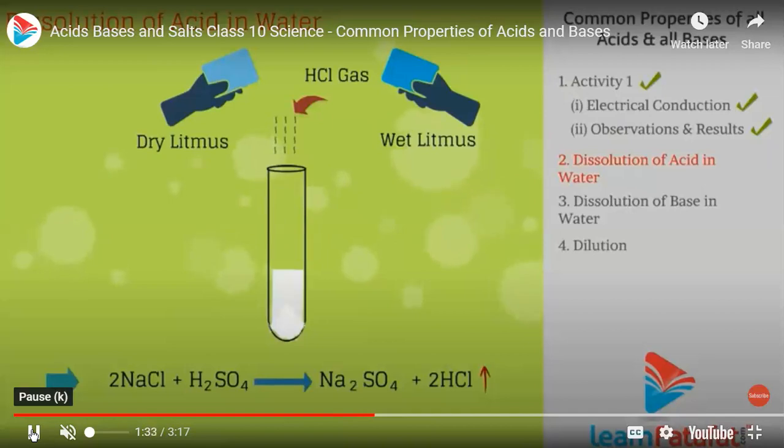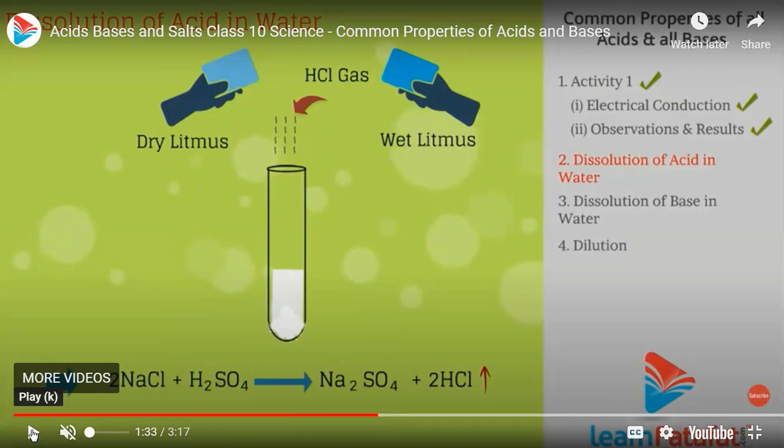Now all of you know that since we have taken dry blue litmus paper and wet blue litmus paper, acids have the tendency to convert blue litmus to red. So now, since I've taken dry blue litmus and wet blue litmus, out of these two, only one blue litmus paper will turn red.